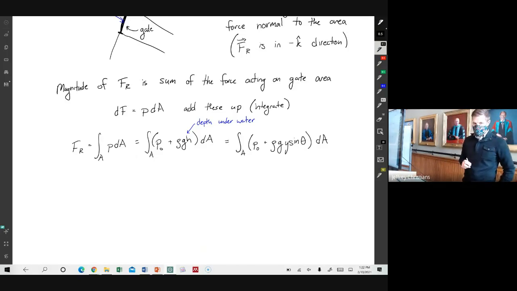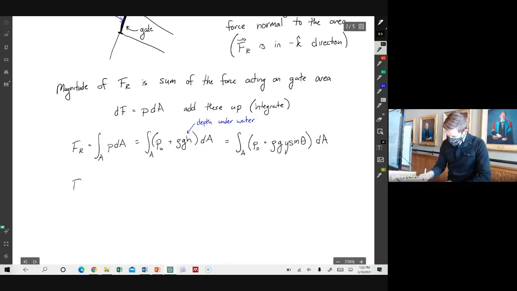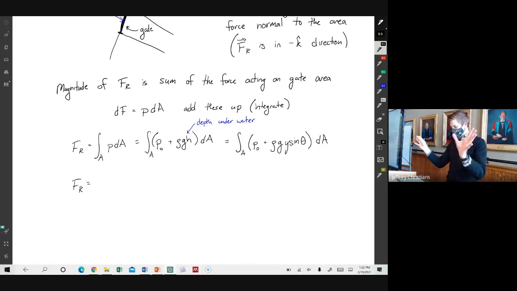Now we have to integrate this. Some of this is really easy, some of this is less easy. If we split it apart into two halves because of the addition sign, we can integrate the first part, that's P naught A. And then we can integrate the second part.